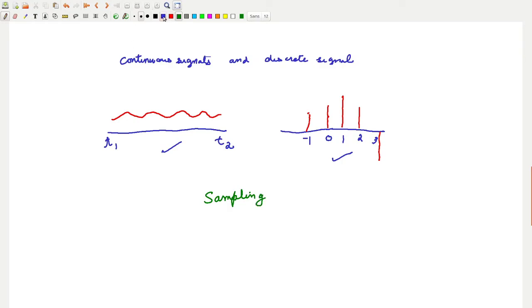From the continuous signal, you will be taking samples from the signal, maybe at a particular instant. These samples taken from the continuous signal will give you a discrete signal. So the first classification of signal is based on this idea: we are having a continuous signal and a discrete signal.